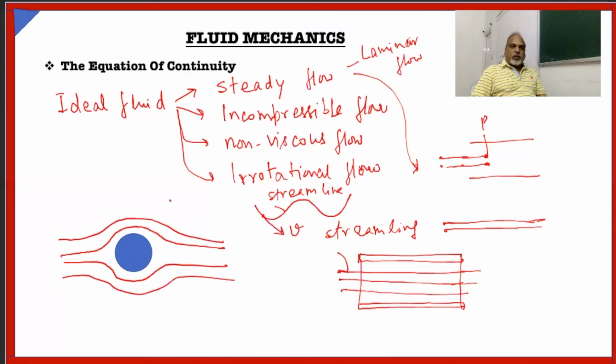These curves have to be very smooth, and at any point, the tangent to the curve gives you the velocity at that point of the streamline. So this is basically about streamlines, laminar flow, and how an ideal fluid flows.